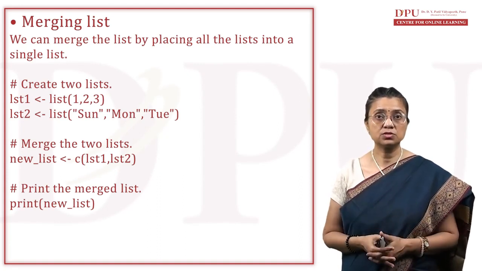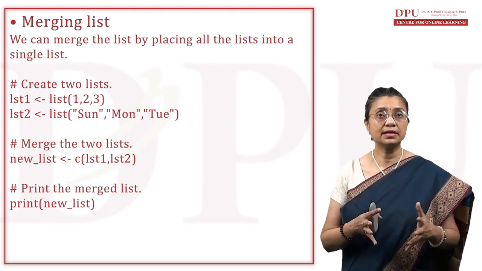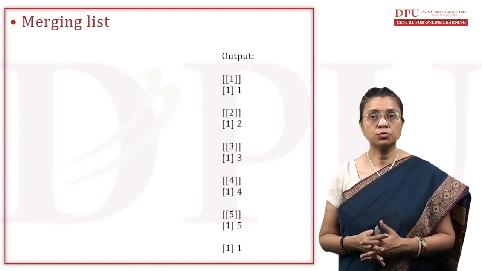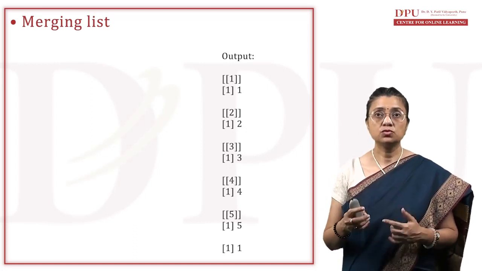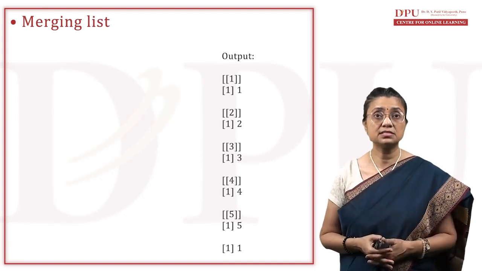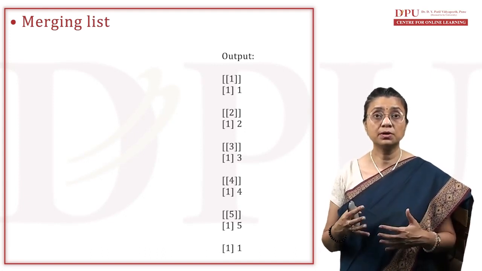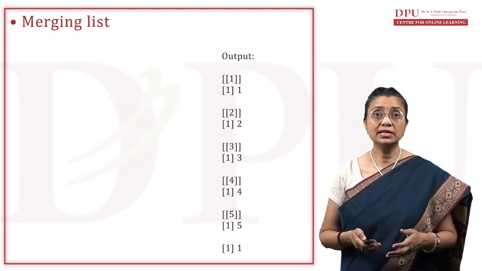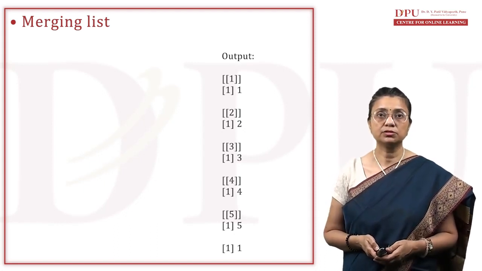So the first is list 1 and list 2, and we are passing that into the new list. And now we are just printing the new list, and there is output on the screen that you can see. So you can see 1, 2, 3 are there, and Sunday, Monday, and Tuesday are there. So these are the 6 values that come after merging the list. So we have merged two lists very easily with the help of the c function.